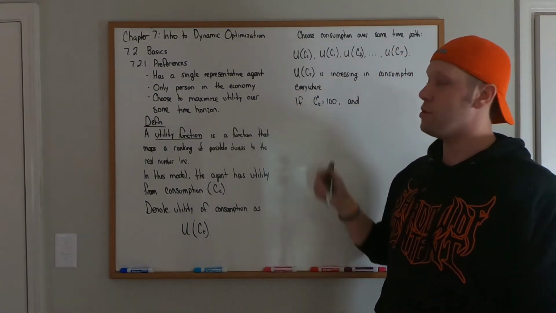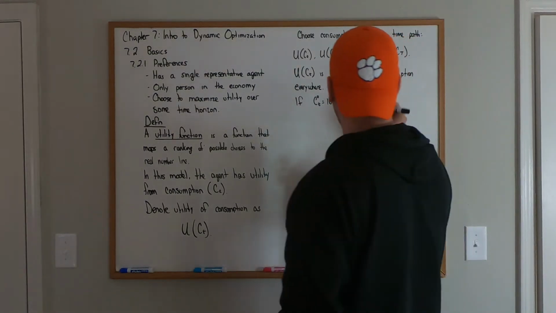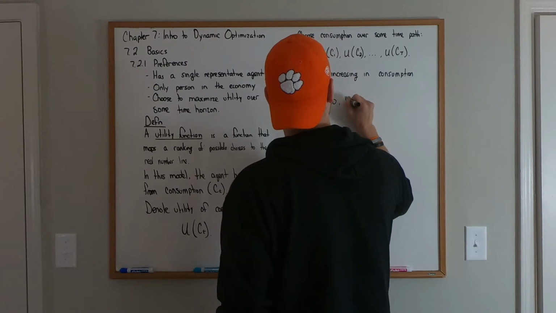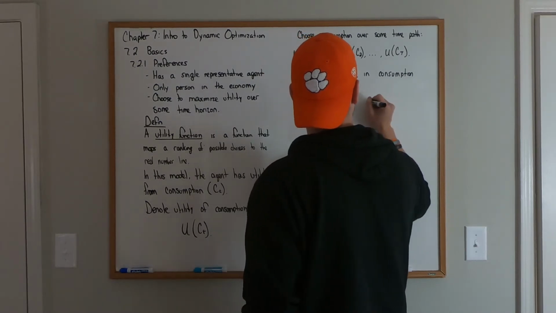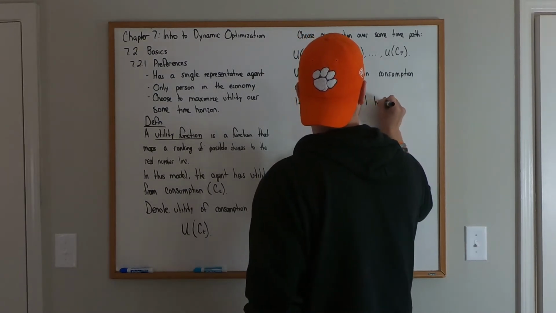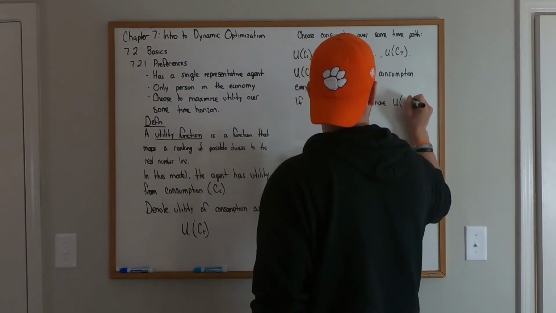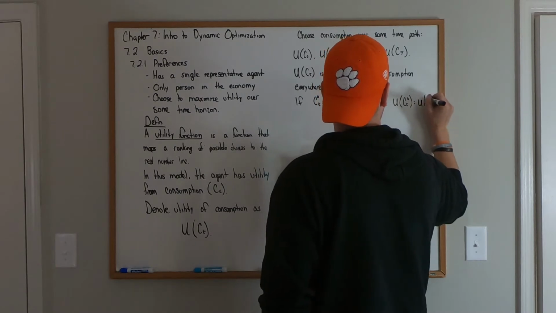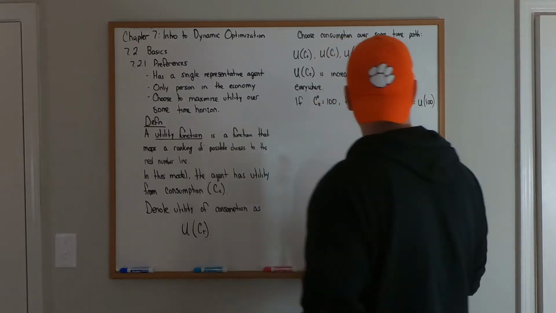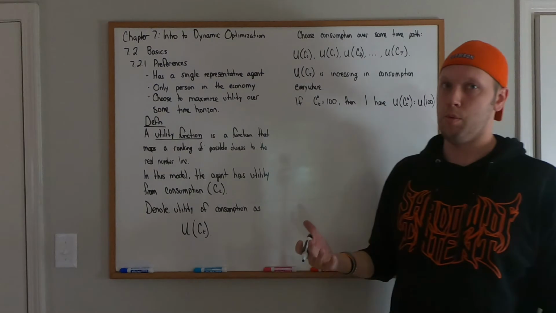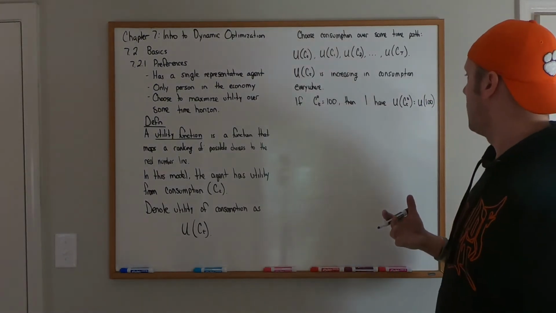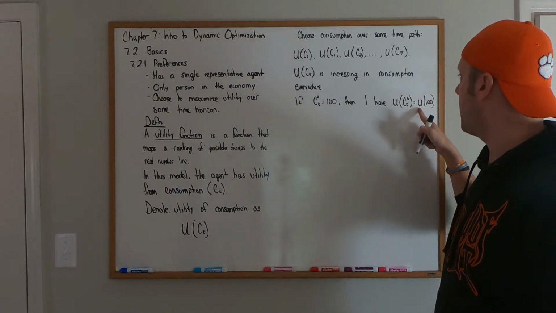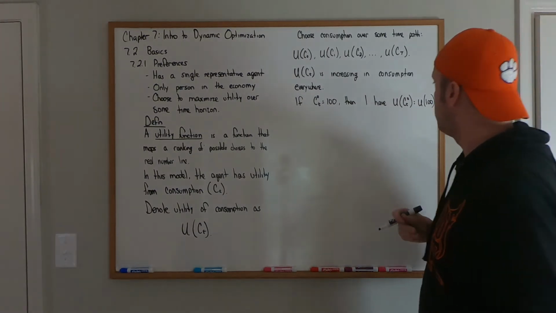If I consume 100 units, then I get u of C_t^0 equals, say, u of 100. All right, where u is still abstract in this case. We haven't explicitly defined what this utility function is.